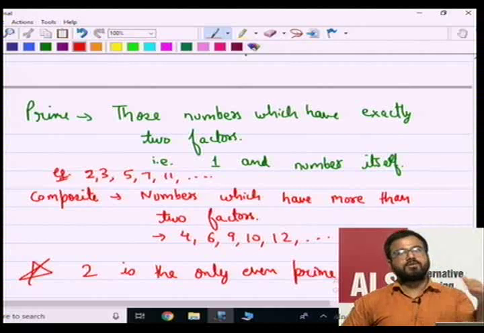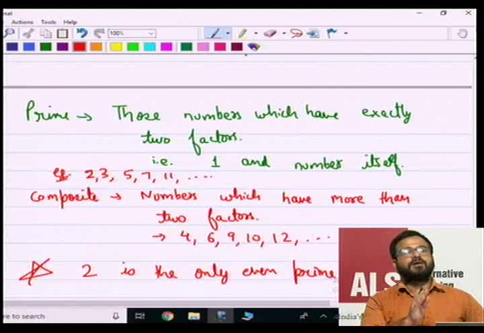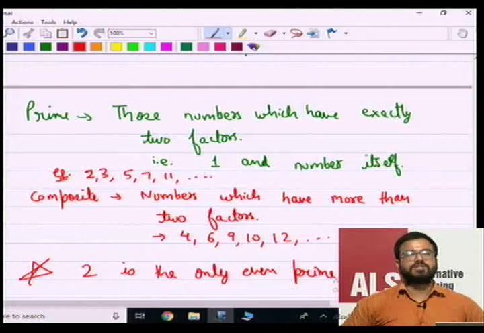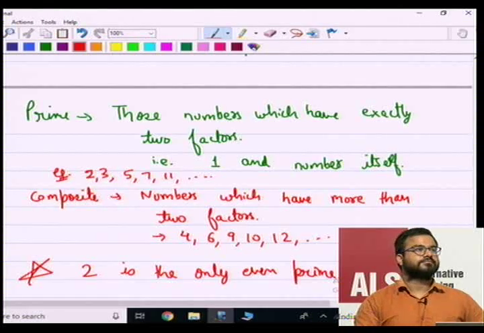If you are talking about the negative ones, then it is a different thing. But generally, when we talk about prime numbers, we talk about only the positive ones. Getting it?